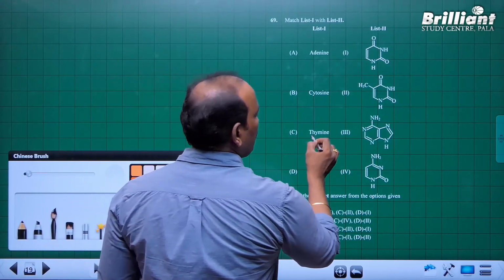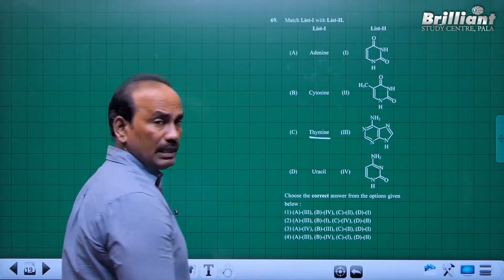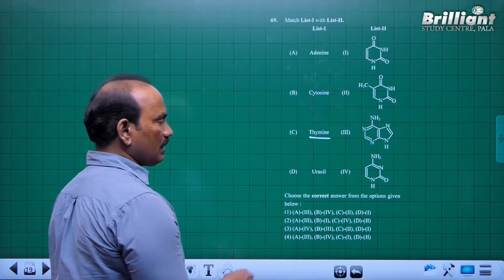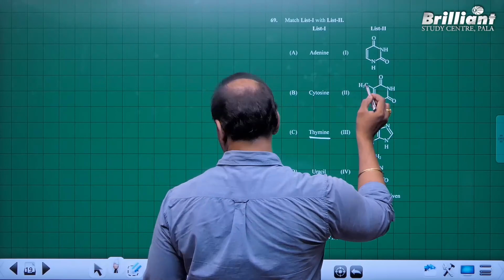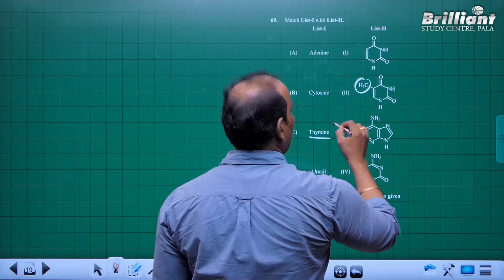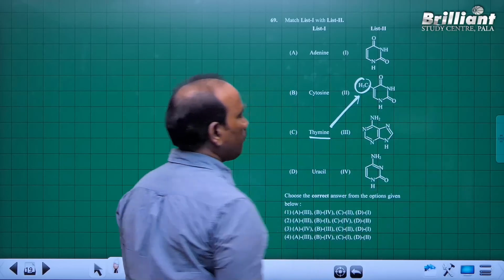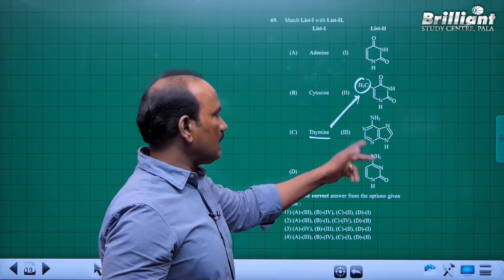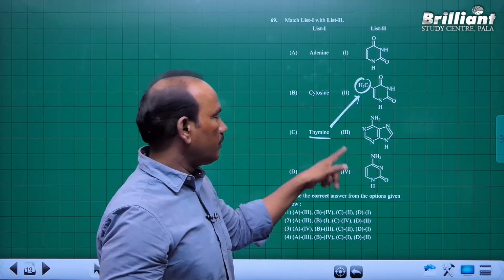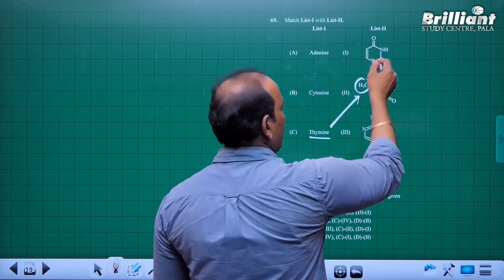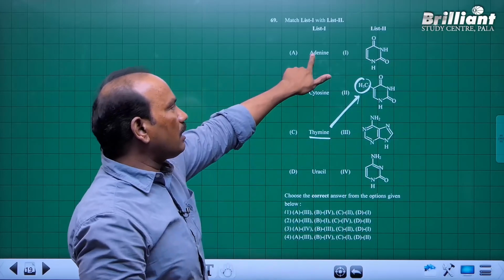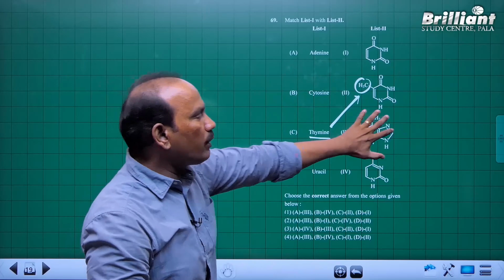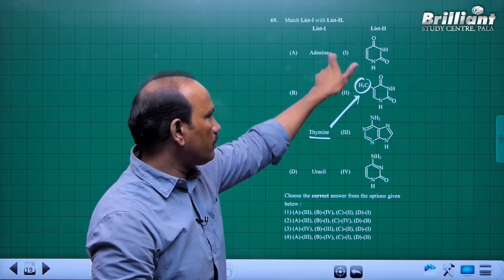Here is one more simple one. Take thymine. In thymine a methyl group is there. Where the methyl group is not there, that is called uracil. Adenine and guanine have two rings.